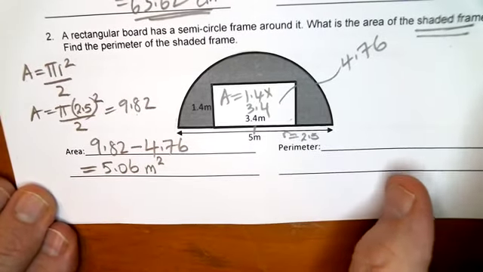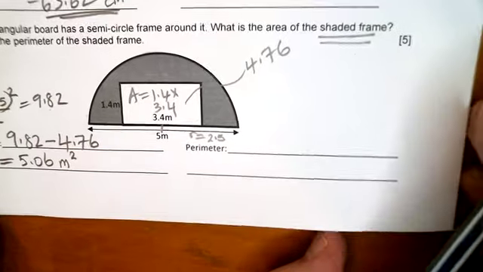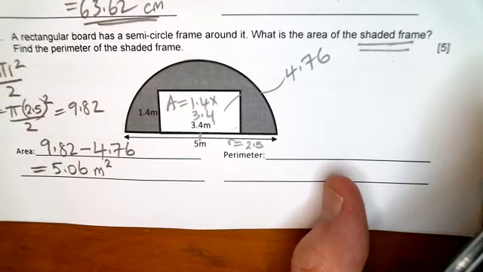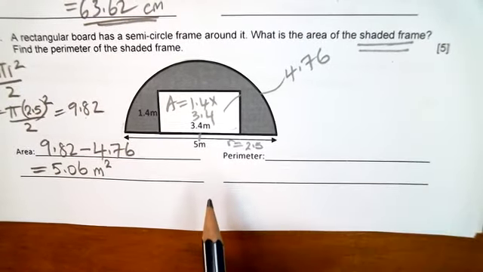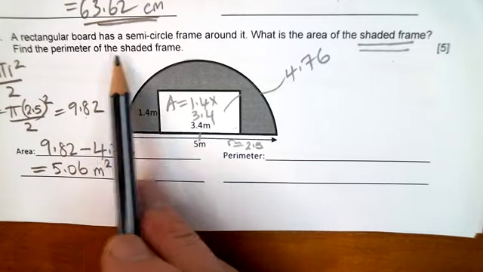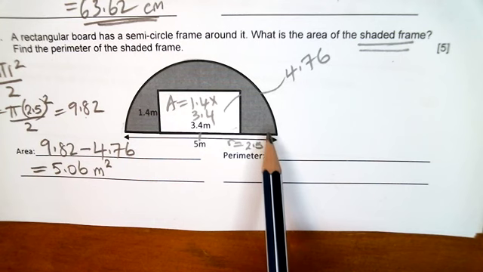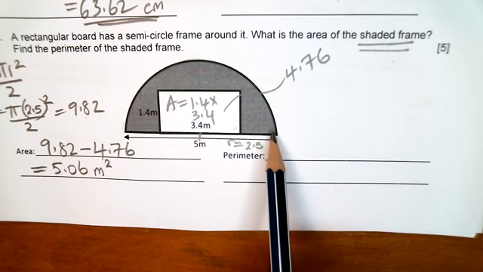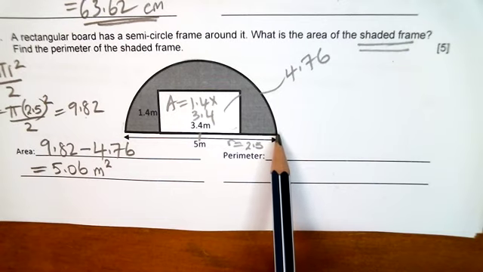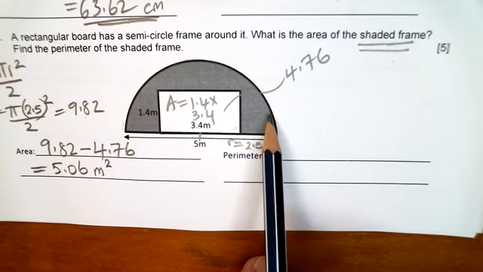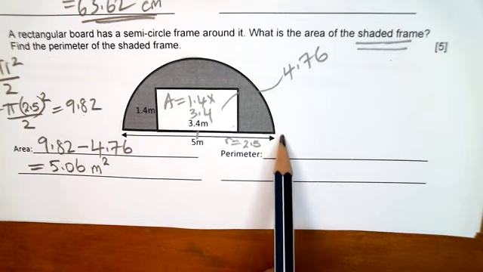All right, the perimeter, though, is now just the perimeter. We're only doing the perimeter of the shaded frame, which is, oh, that is curious. What do they mean by that? Do they mean the perimeter of that?